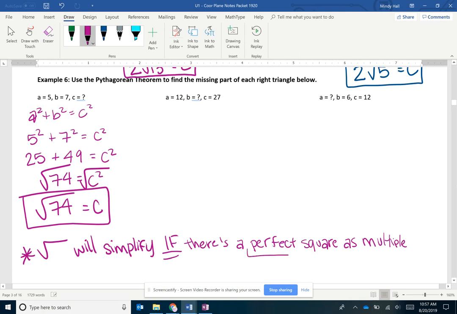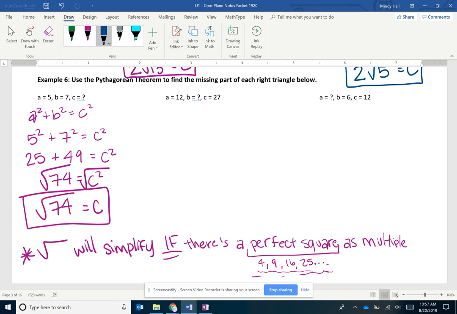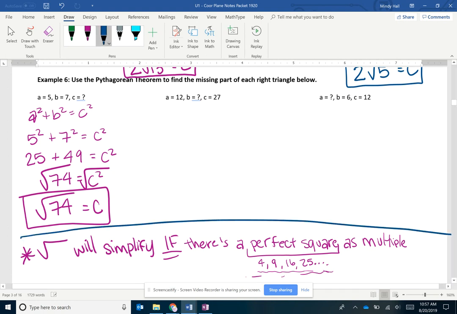So remember, perfect squares: 4 is 2 times 2, 3 times 3 is 9, 4 times 4 is 16, 5 times 5 is 25, and so on. You understand. So if the number inside of the radical can be divided by any of these numbers, then you can simplify, okay?